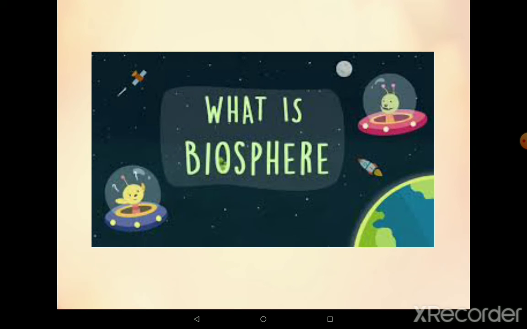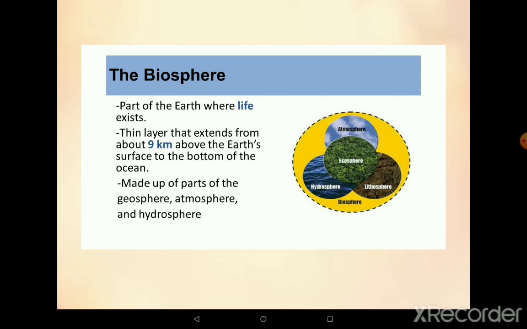Now let's learn about the next realm of the earth, that is the biosphere. What is the biosphere? We are going to learn. The biosphere is the interaction between the lithosphere, hydrosphere, and atmosphere.